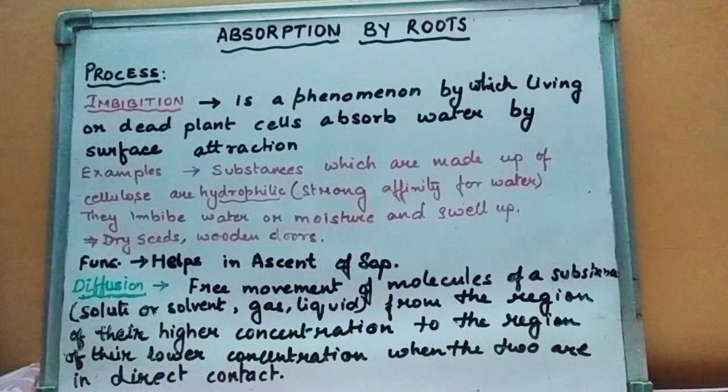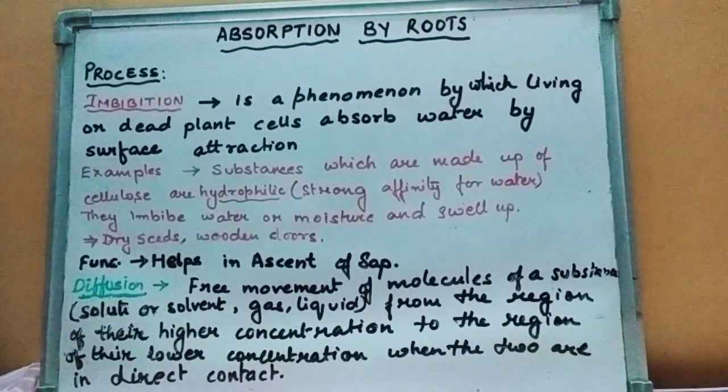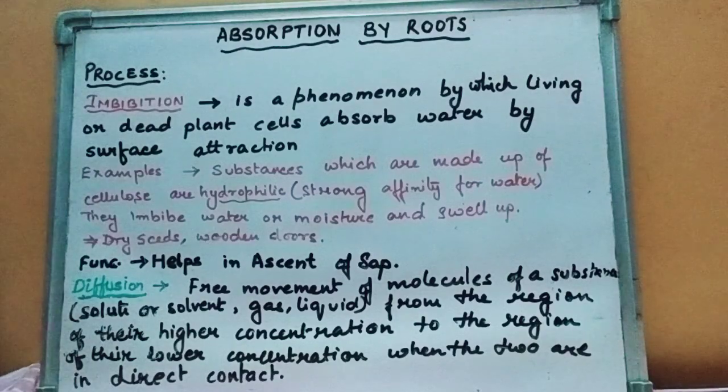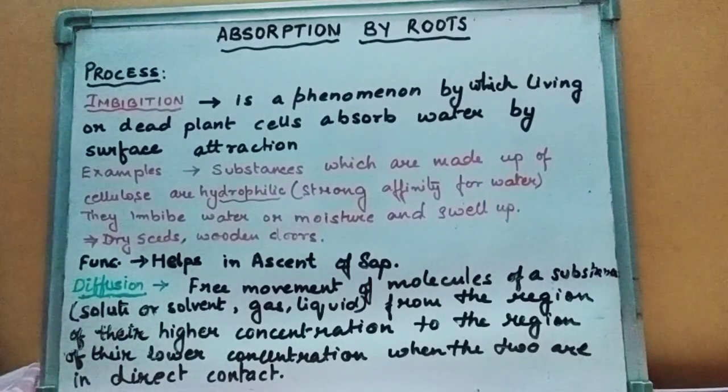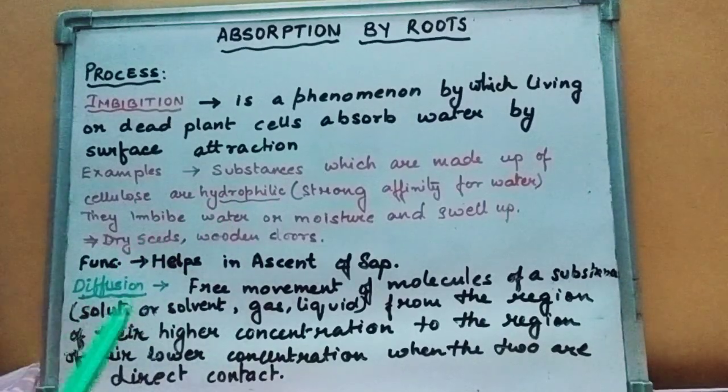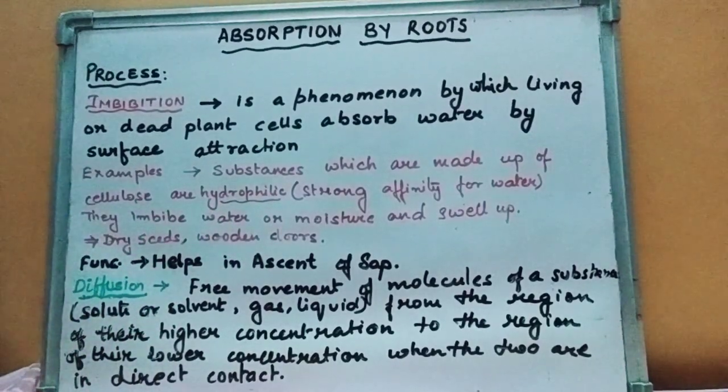So this is the process of imbibition. Or dry seeds, which we soak in water overnight, in the morning we see that they completely swell up, and then we go for cooking. So these are the processes where the dead cells or the living plant cell absorb water by the process of surface attraction. Remember, the substances which are hydrophilic in nature, you have to keep it in mind.